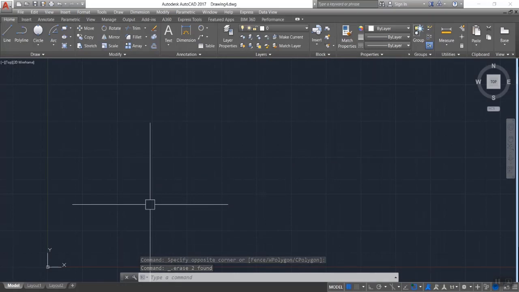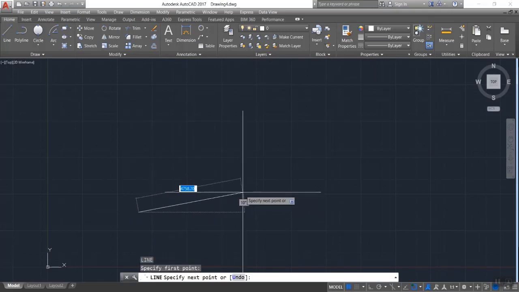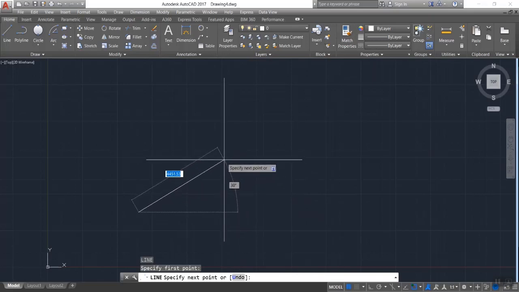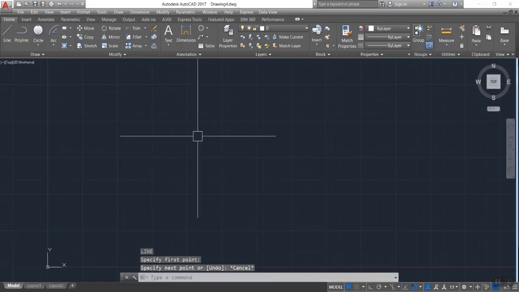The next thing is when we need a specific angle. One way to measure the angle is that when we move the cursor, the angle changes, and at times it might be difficult to set the exact angle. So for fast drawing we use the relative polar method.